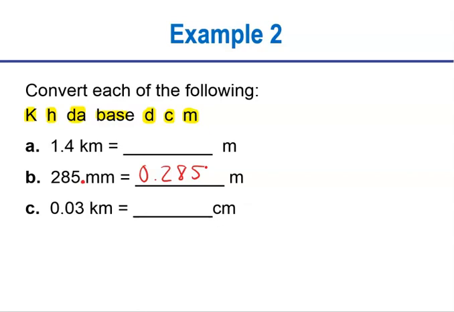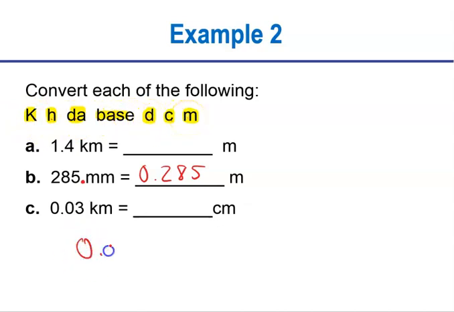And then the next one, we clearly see where the decimal is. I'm going from kilometers to centimeters. This is a long way. So don't count where you start. That's 1, 2, 3, 4, 5, 6. Notice you do count the base. One more time. Start at the kilometer. 1, 2, 3, 4, 5, 6 units to the right.